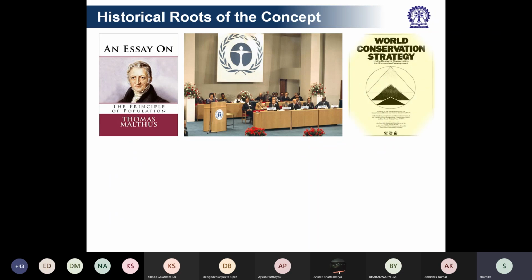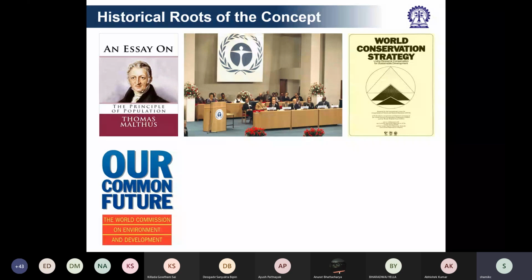And based on the Stockholm Conference, the World Conservation Strategy was developed. Okay, so this World Conservation Strategy thereby gave rise to the Brundtland Commission, which was led by the World Health Organization back then. So they came up with the Our Common Future report, in which the first definition of sustainable development came into existence.